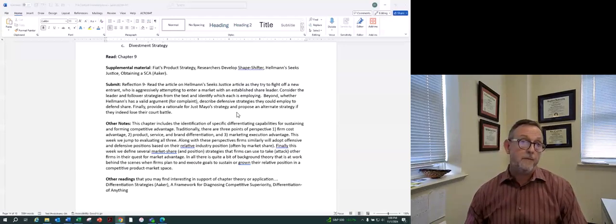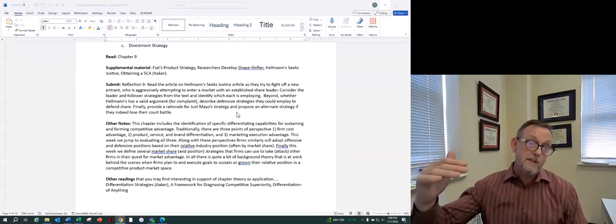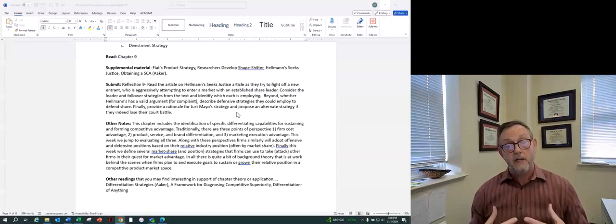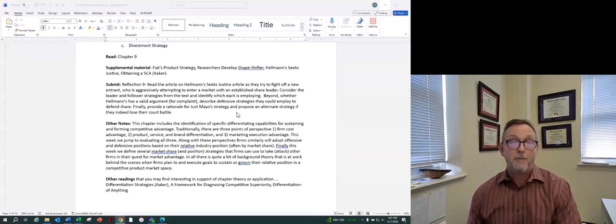You have leaders who have a lot of market share and you want to try to break into their market share, or if you're a leader and you want to protect your market share and your position in the marketplace, then this is an instructive chapter and bit of material for solving those problems that you might have.